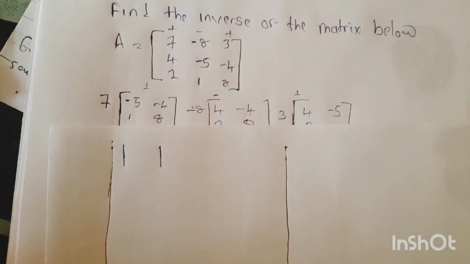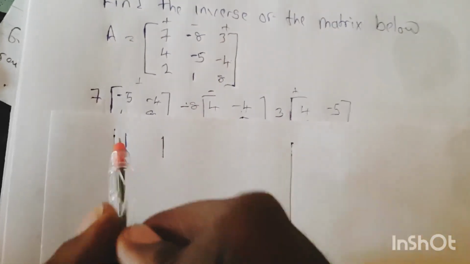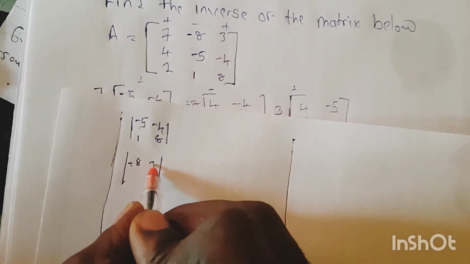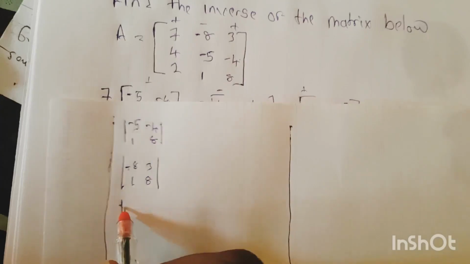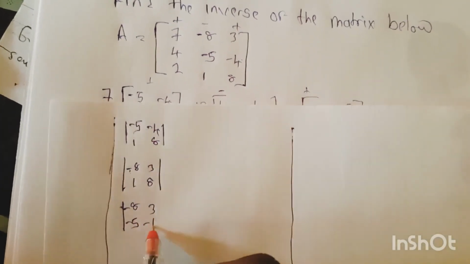So now let's dive into it. 7 strike here is going to give us -5, -4, 1, and 8. We'll come down to this 4, strike, and we're going to have -8, 3, 1, and 8. We'll come to this one, strike. I'm going to have -8, 3, -5, -4.